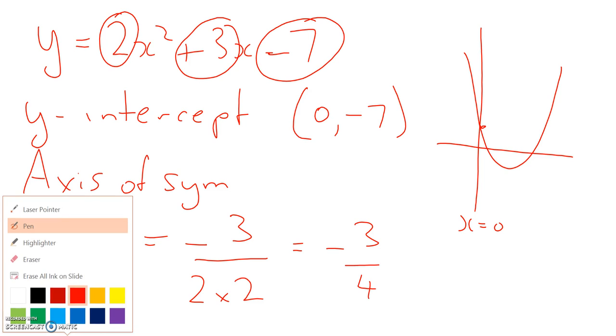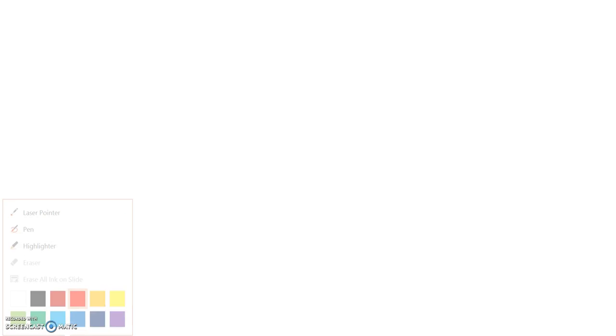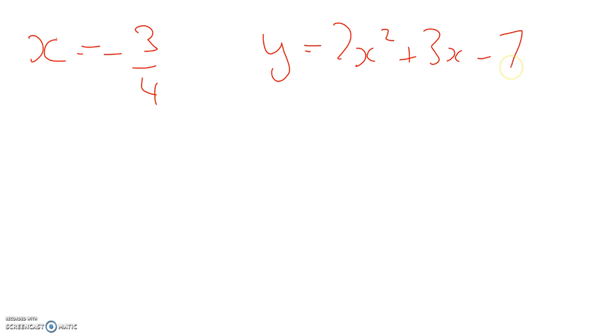So we had our axis of symmetry at x equals minus 3 over 4. And we just need to substitute that back into our equation. Remember, our equation was y equals 2x squared plus 3x minus 7.